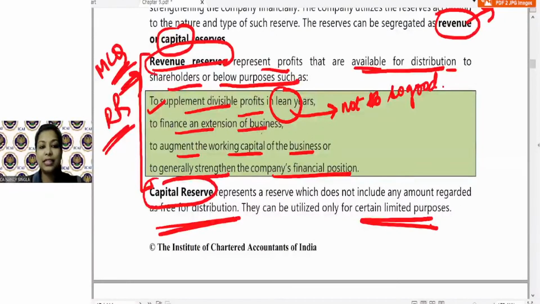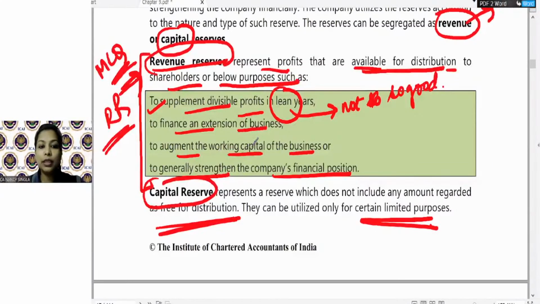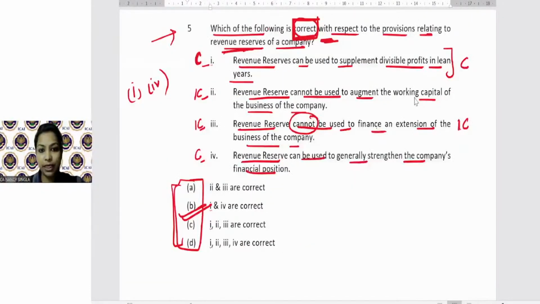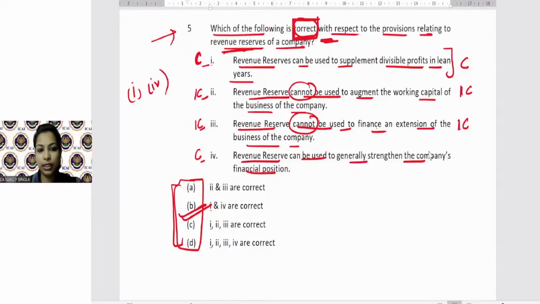To finance an extension of business, but it is saying cannot be used. So it is what? Incorrect. To augment the working capital of the business, but it is saying cannot be used. So this is again incorrect. Then to generally strengthen the company's financial position, it is saying it can be used. So correct. So the answer is this.